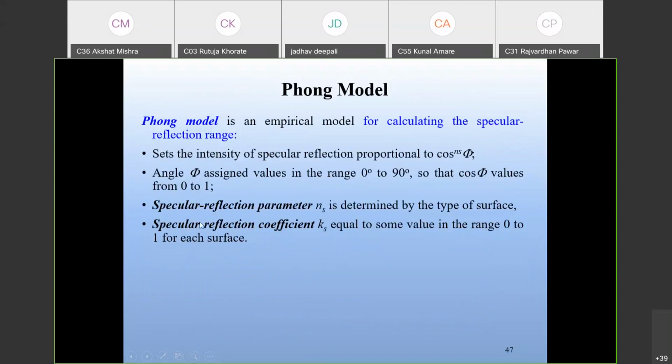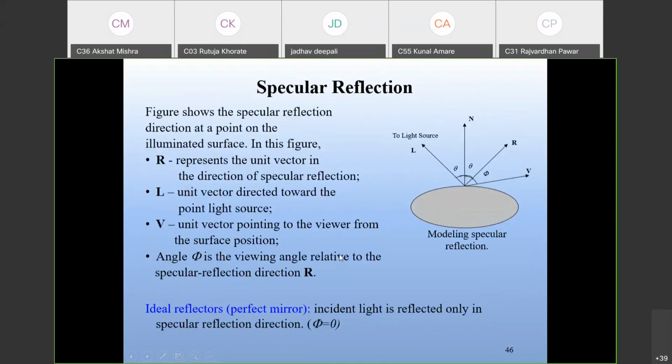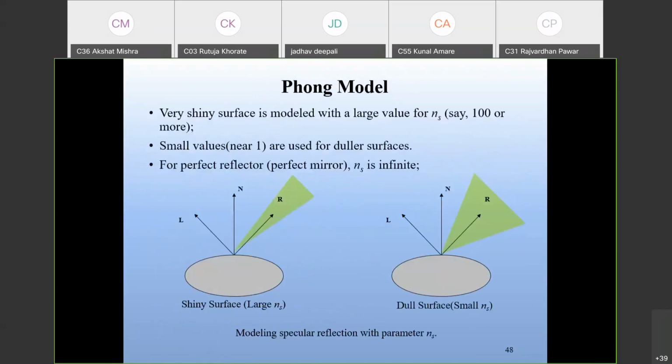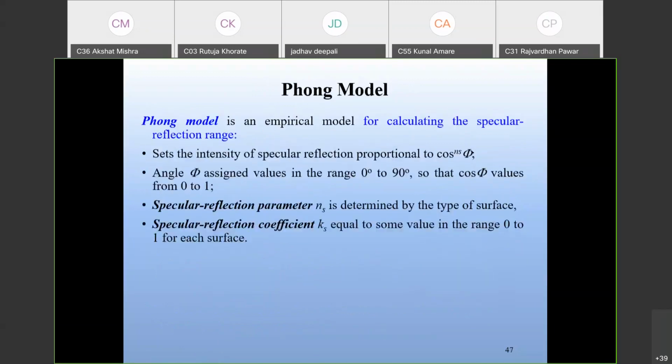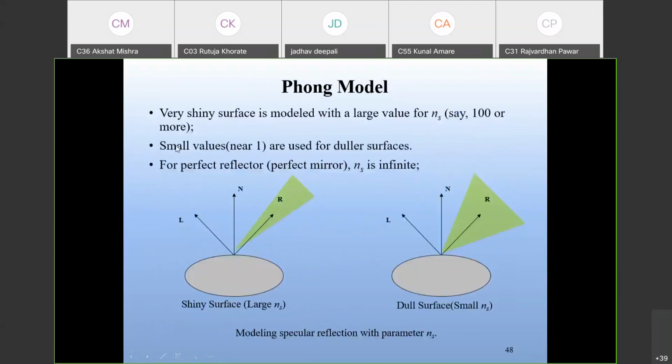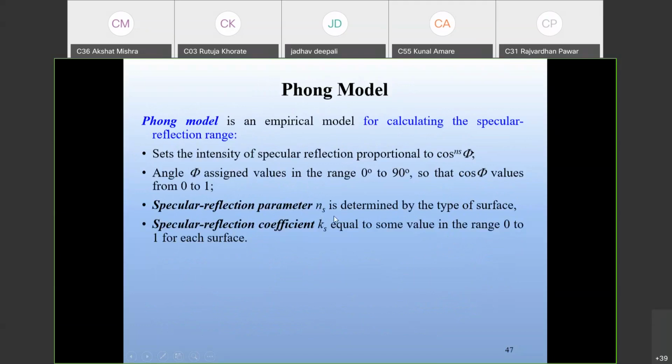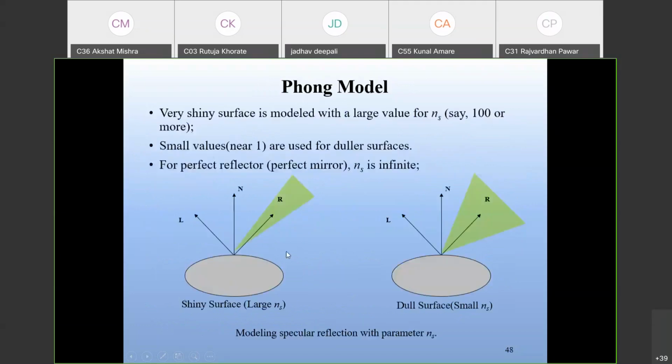Along with this, the specular reflection parameter Ns is used, which determines the type of the surface. There are different types of surfaces, so that also affects whether the surface is shiny or dull. Two examples are shown here. A shiny surface has a large Ns, and a dull surface has a small Ns.